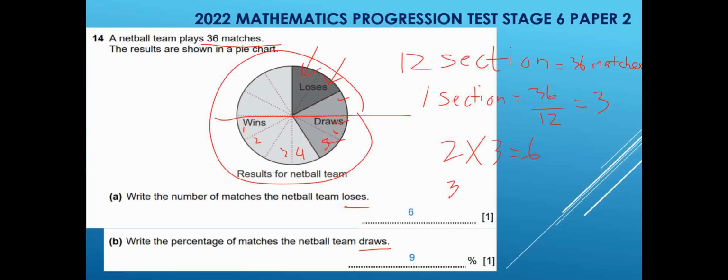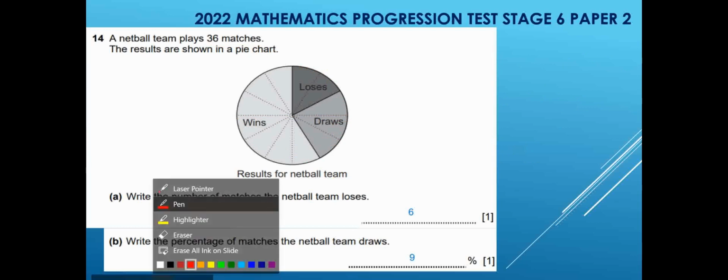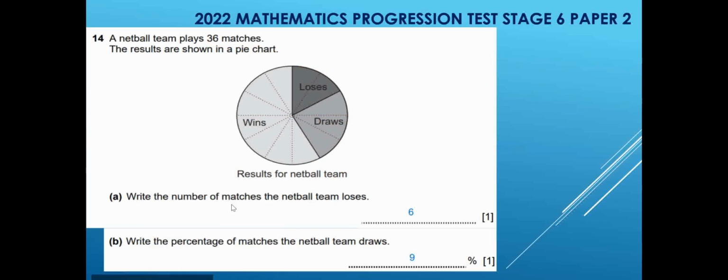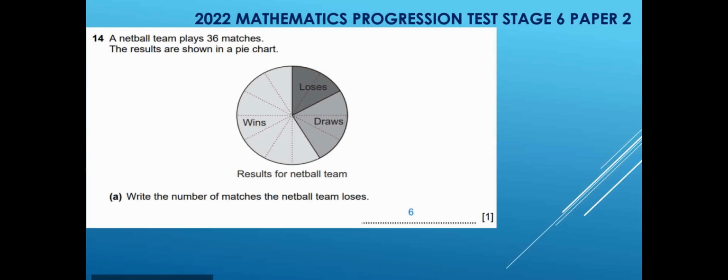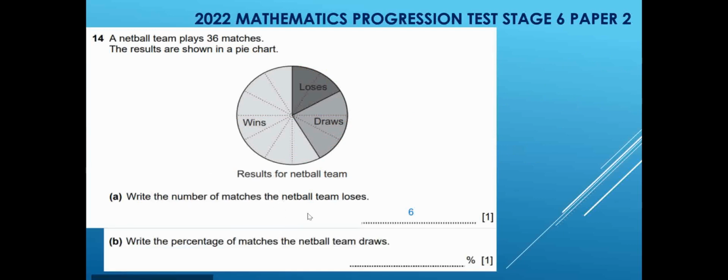Let me erase everything first. As we see, the draws are 3 units. 3 units is 1, 2, 3. Just now, 1 unit represents 3 matches.